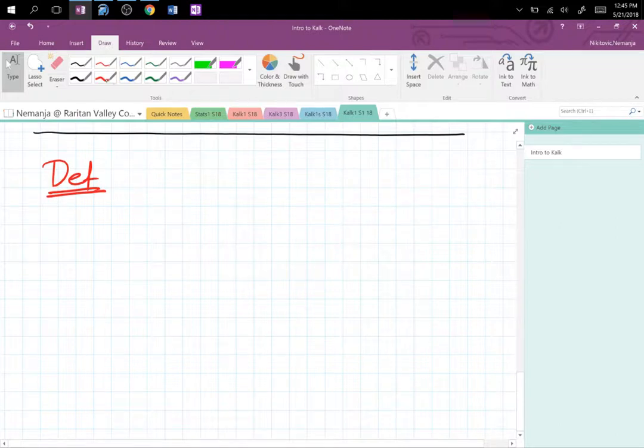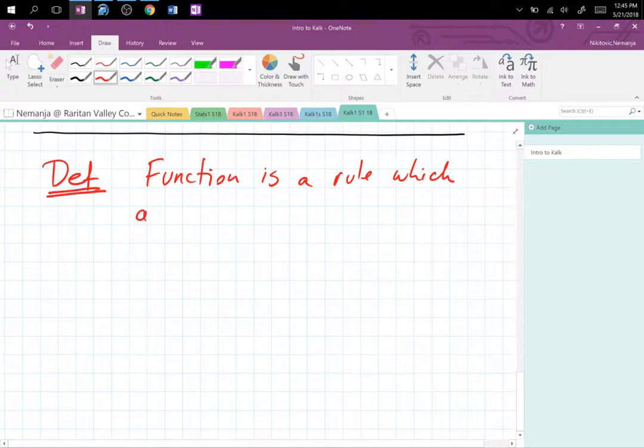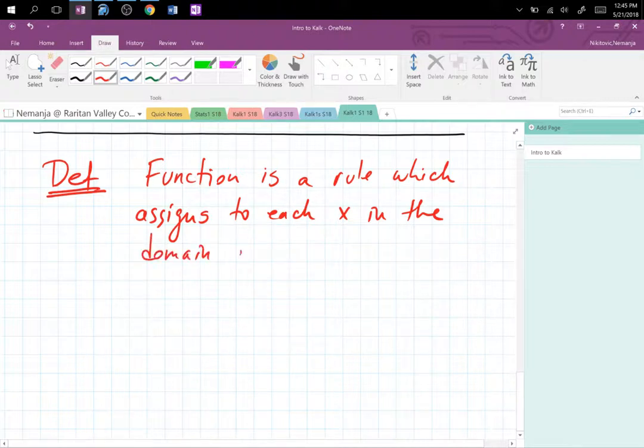But the one that I'm going to show over here is the one that works. So, a function is a rule which assigns to each x in the domain a unique y in the range.